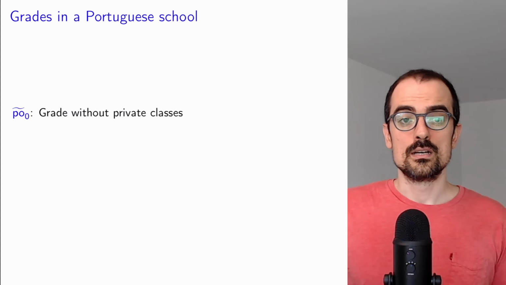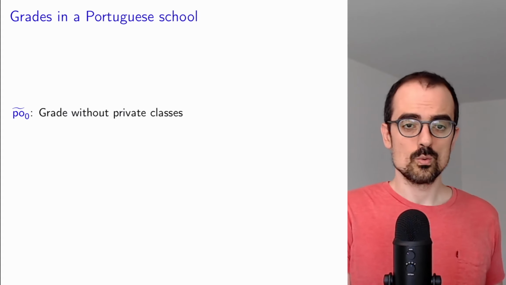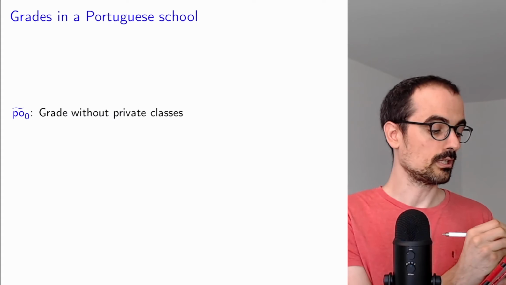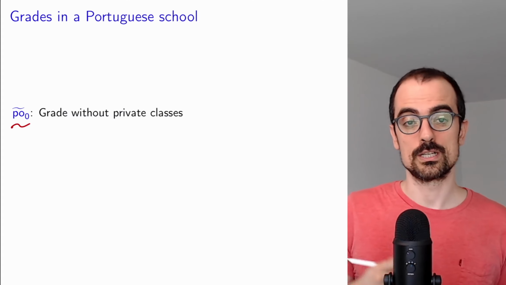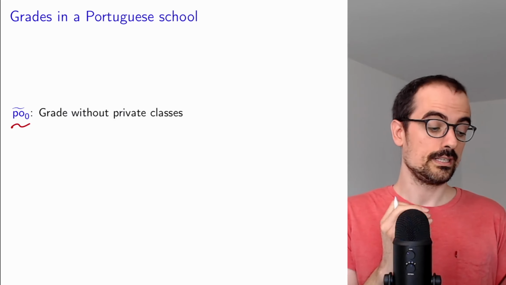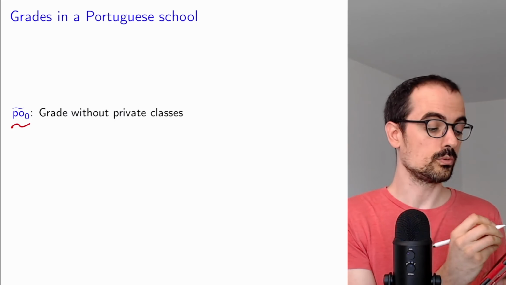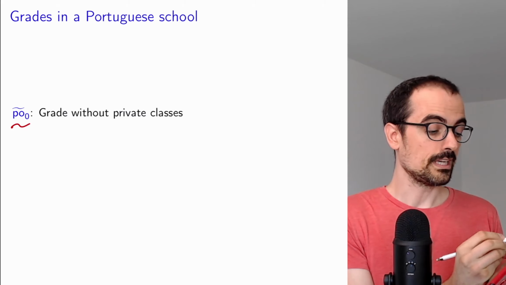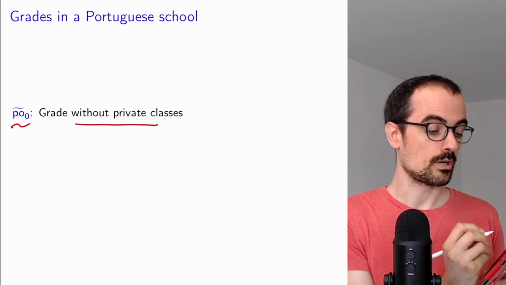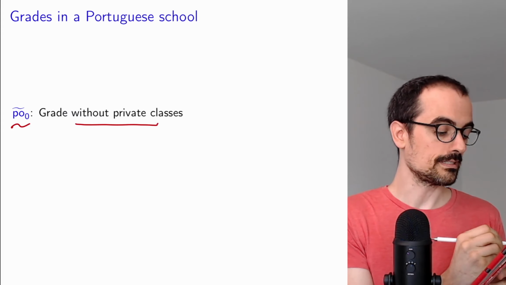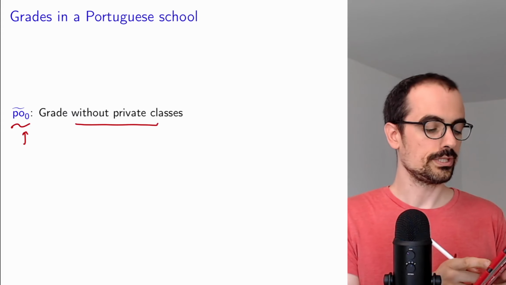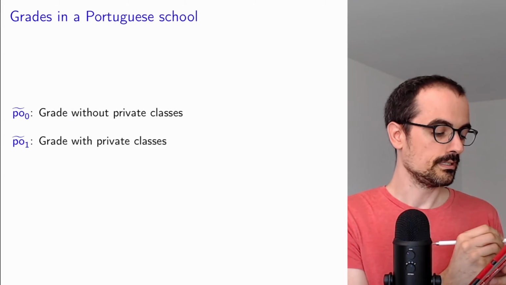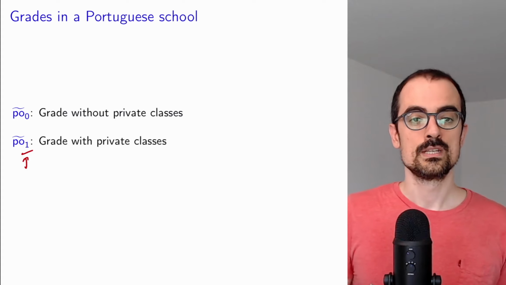What about grades in the Portuguese school? Well, same thing. Now the potential outcome is not going to have binary values because it's a grade, but still there's going to be two potential outcomes which are going to be defined depending on whether we consider there's private classes or not. If there are no private classes, this is the potential outcome related to 0. If there are private classes, this is the potential outcome related to 1.